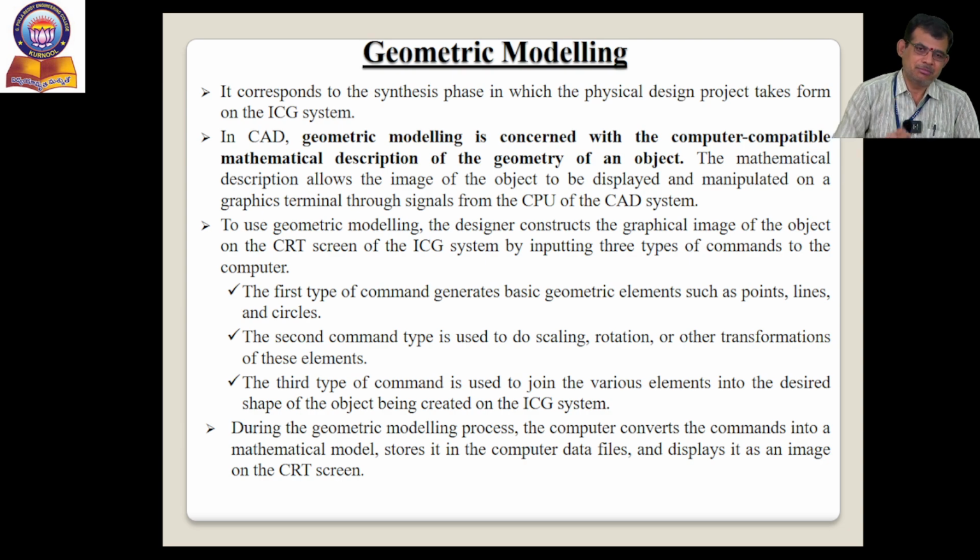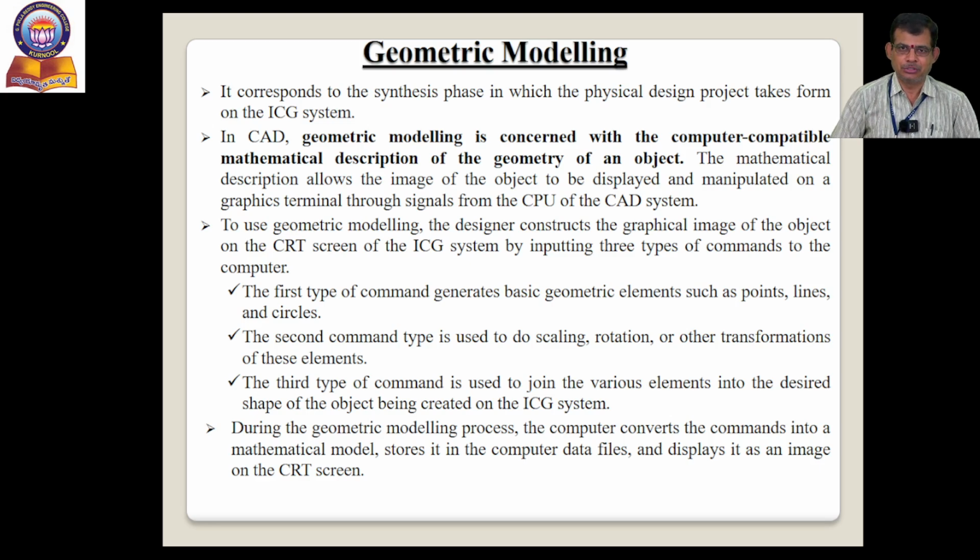So geometric modeling corresponds to the synthesis phase, in which the physical design project takes form on the ICG system. So the conceptual stage in your mind is taking physical shape on the computer system at the geometric modeling stage. So in the CAD environment, geometric modeling is concerned with the computer compatible mathematical description.